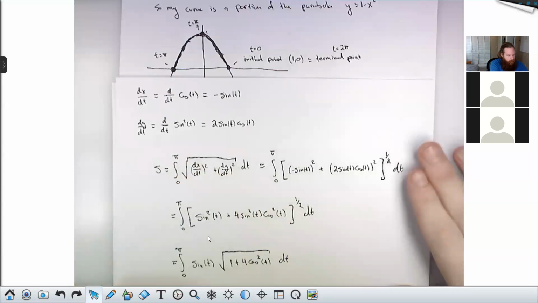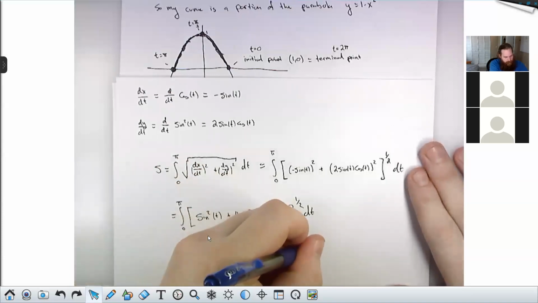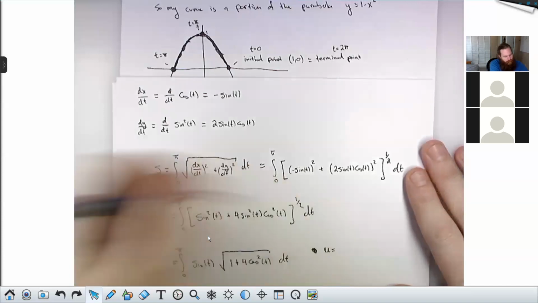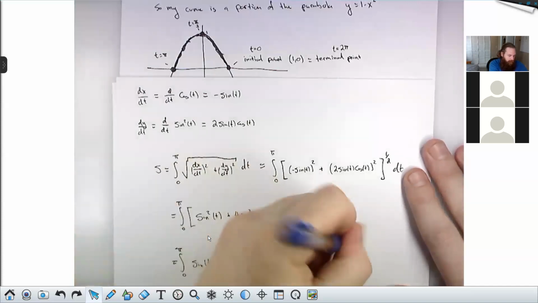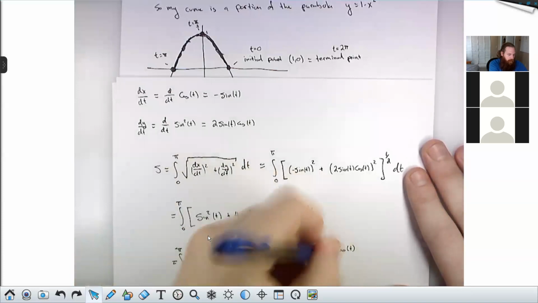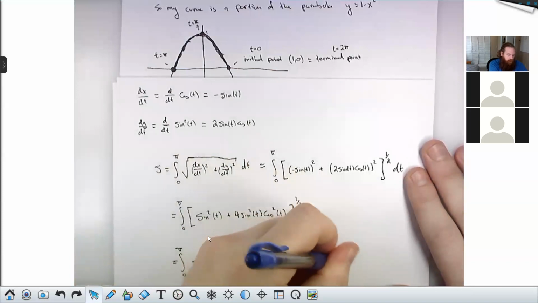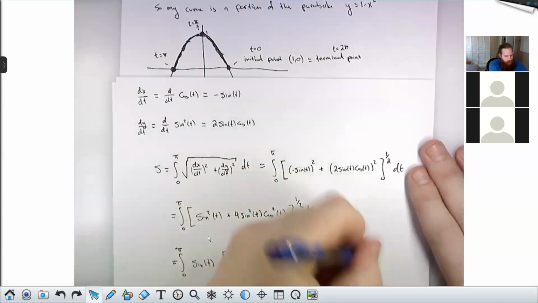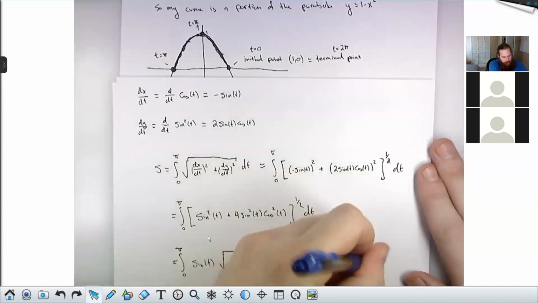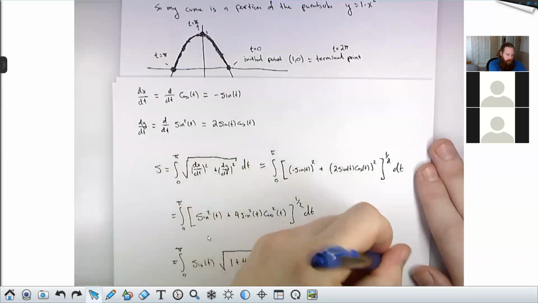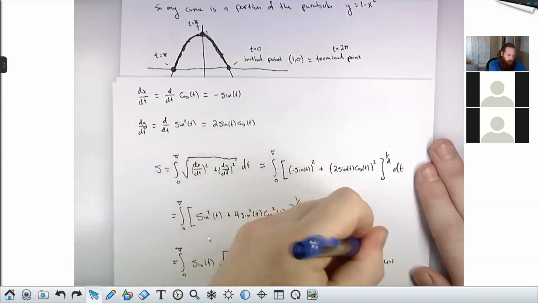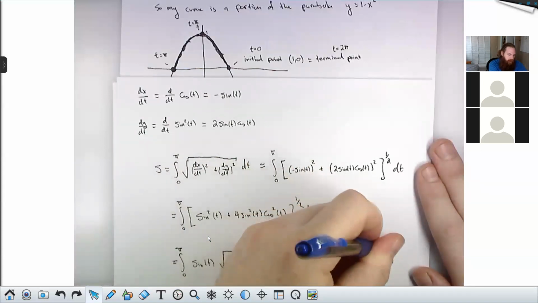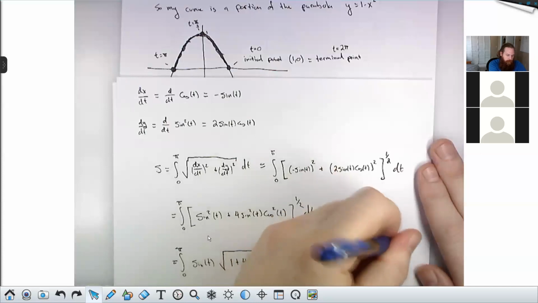I guess my first try here would be to use maybe the variable u, let u be cos t. du is negative sine t, my bounds change, 0 goes to 1, and t equals pi goes to u equals negative 1.